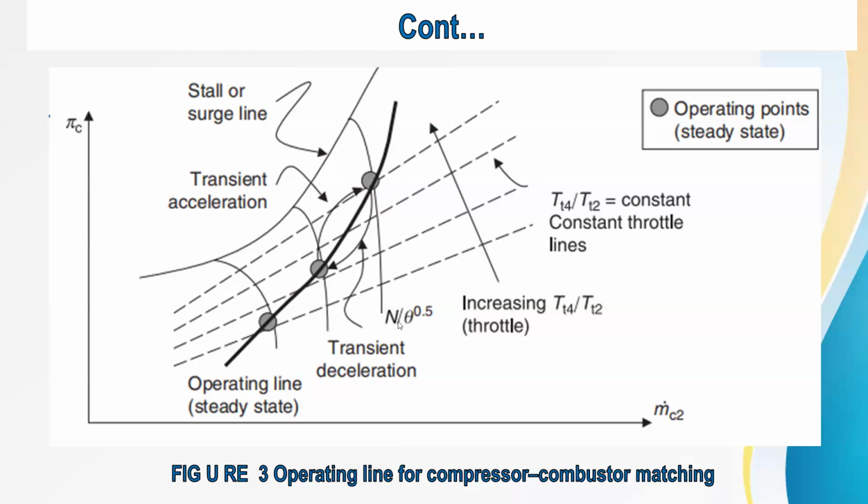This line indicates N over the radical of theta. N is the RPM of the shaft, and theta to the power of 0.5 means radical theta, that is theta to the power of 1 over 2, the temperature ratio. When we go to these lines, it indicates increasing the throttle. The temperature ratio T4 over T2 indicates the throttle condition, increasing from bottom to upward.